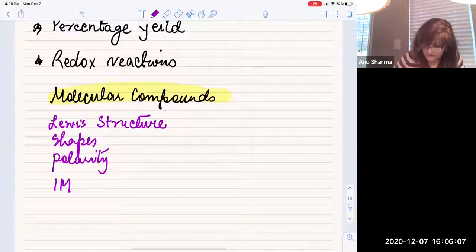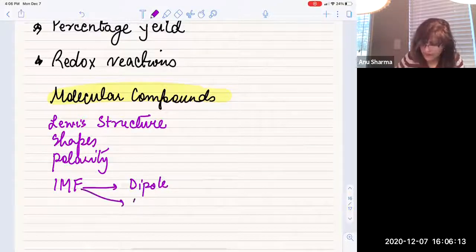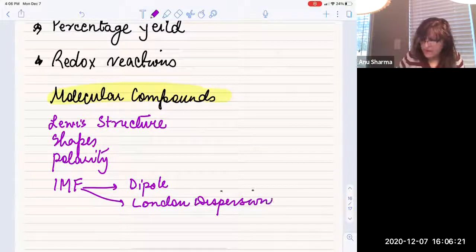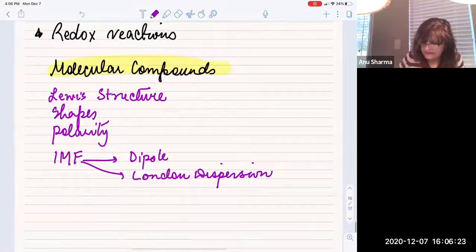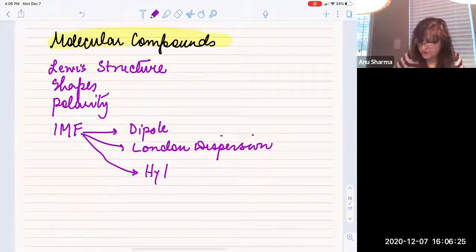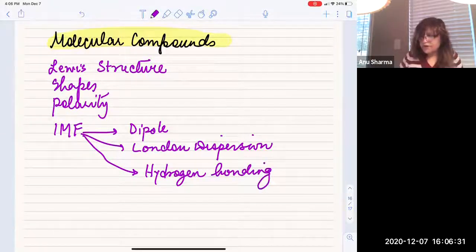intermolecular forces. And in these intermolecular forces, you should know dipole-dipole. London dispersion is present in all molecules. So London dispersion, and then the hydrogen bonding. Very important.